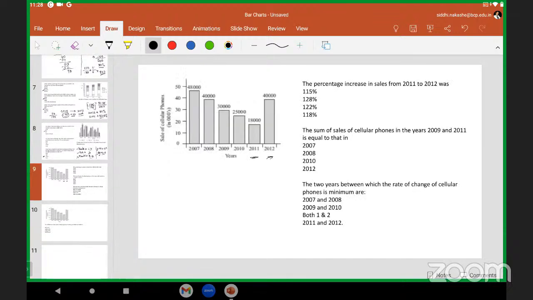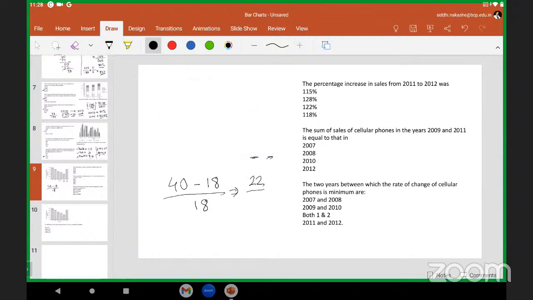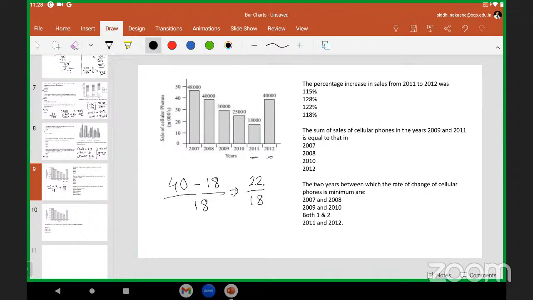Okay. So the difference is 40,000. So we can consider this as 40 minus 18 upon 18. We have to find this. So we have 22 upon 18. Fine. So 22 upon 18, we divide.